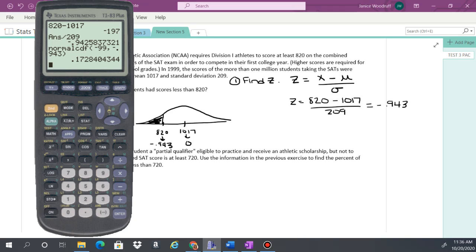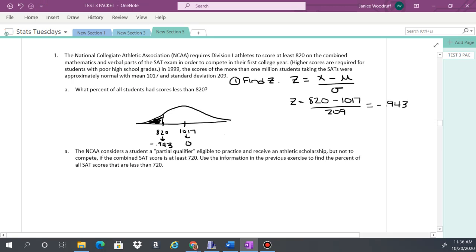So we get 0.173 after we do normal CDF. And let me just write this down. Step 2, normal CDF, negative 99, negative 0.943. That's because I'm looking for the area to the left. If I'm going to the left, I go to negative. If I'm going to the right, I go to positive. So I get that answer, 0.173.